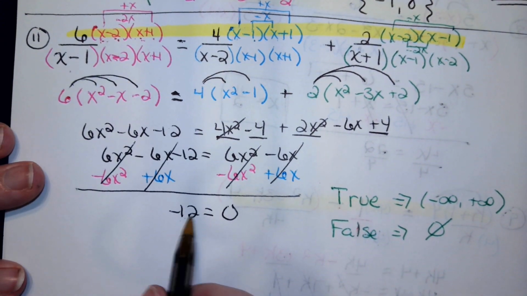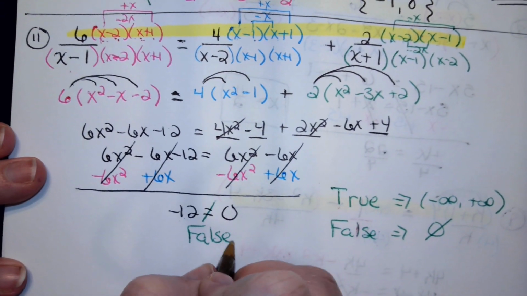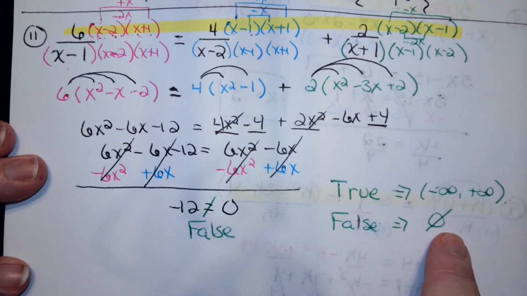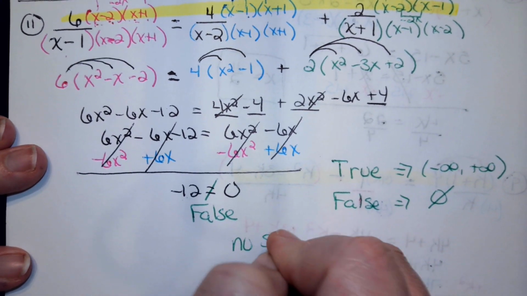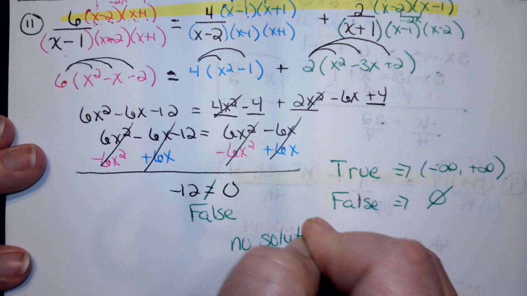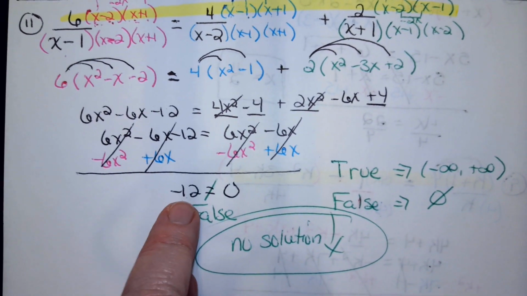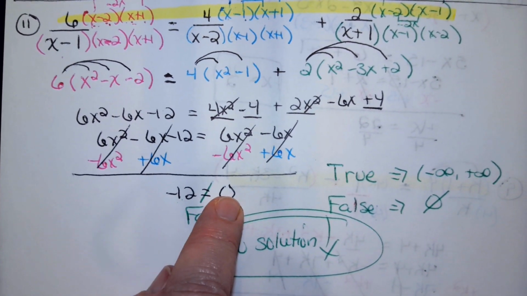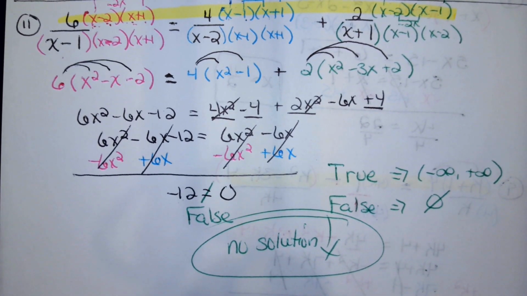Does negative 12 equal 0? No, that's false. So since it's false, it's going to be no solution. So here we would simply say no solution. If this were to have said negative 12 equals negative 12, then that means that every single value of x would be a solution. So it would be all real numbers.